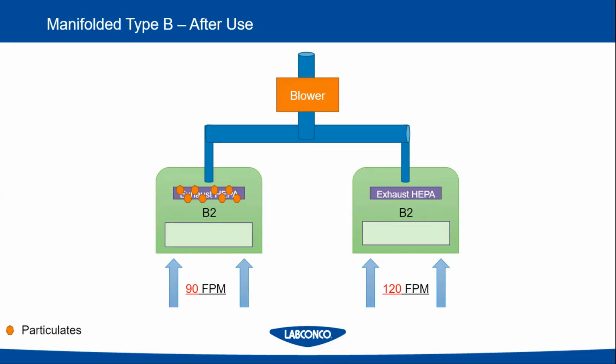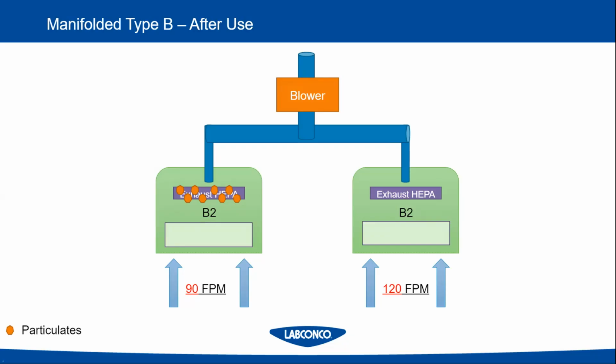If the biosafety cabinet on the left with the higher use has its filter load faster, there's going to be more resistance to pull exhaust, and that means the inflow is going to be lower. On the right, the opposite occurs, where there's less use, the HEPA filter loads slower, and that means there is less resistance on this HEPA filter. The blower can pull harder through this biosafety cabinet.